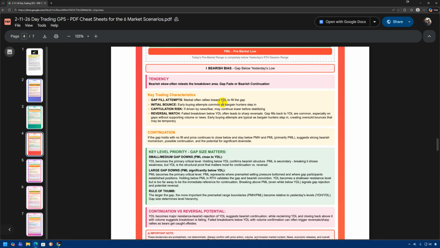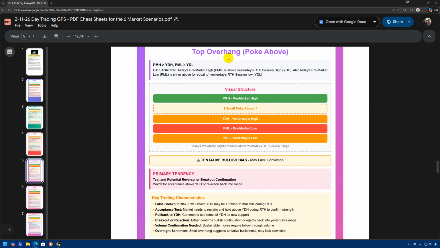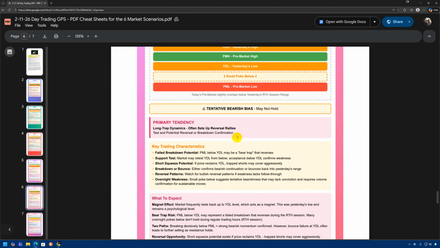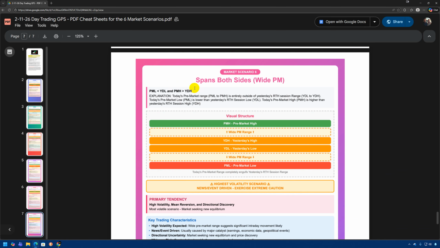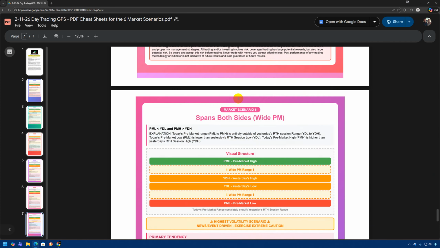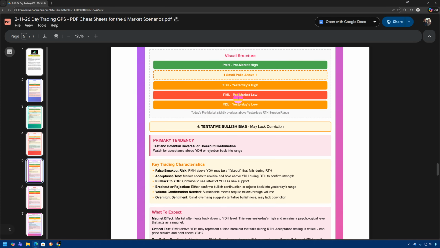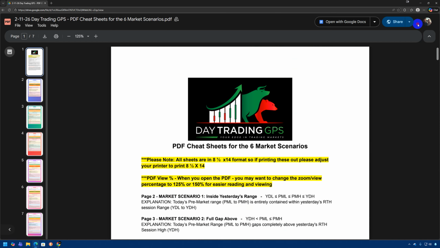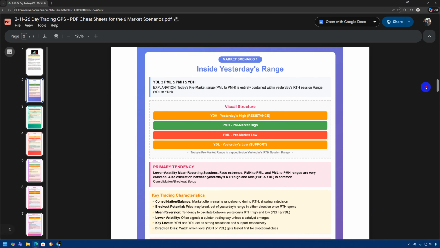Same thing here with this one, full gap below, top overhang poke below, bottom overhang poke below, and finally market scenario 6. Okay, so just keep in mind that the market scenarios deal with those 4 levels: PML, PMH, YDH, and YDL.